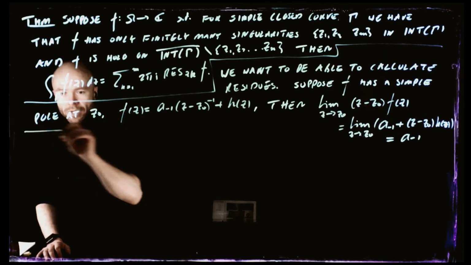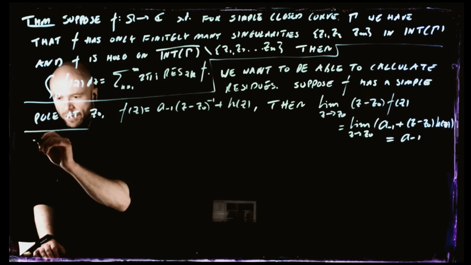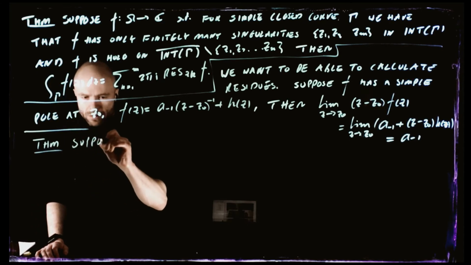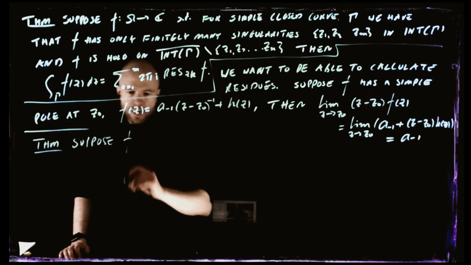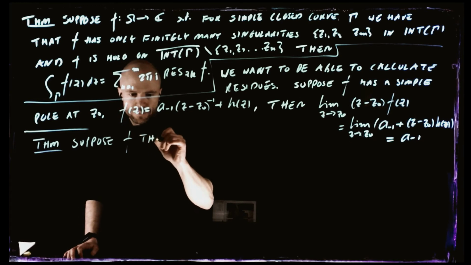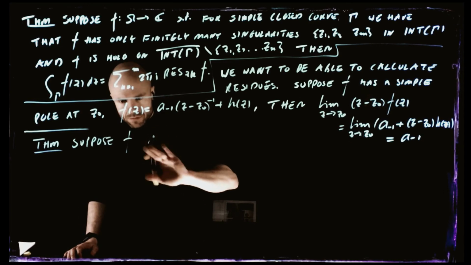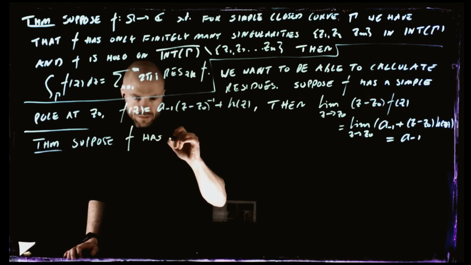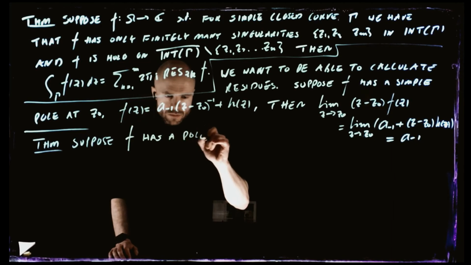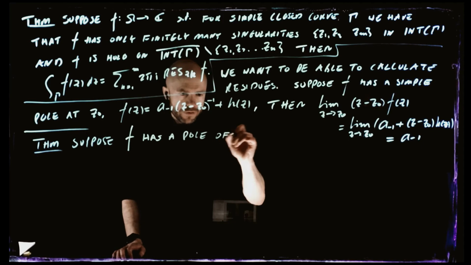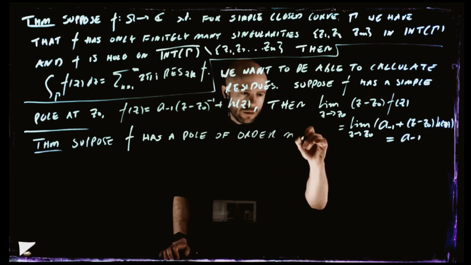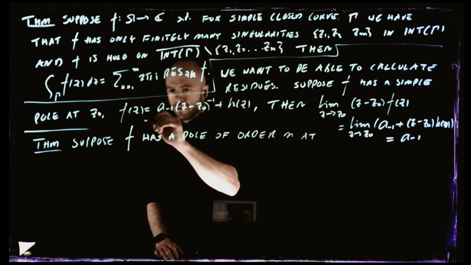In a more general case, we have to work a bit harder. So, theorem. Suppose f has a pole of order n at z0.